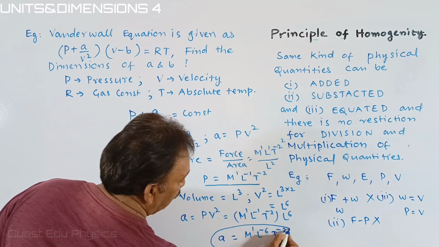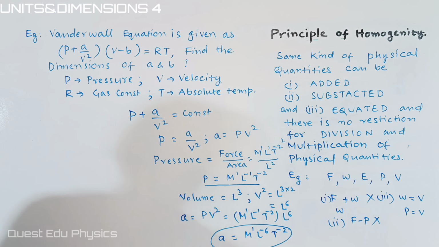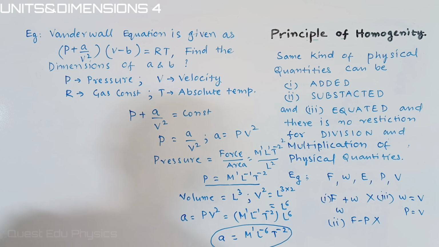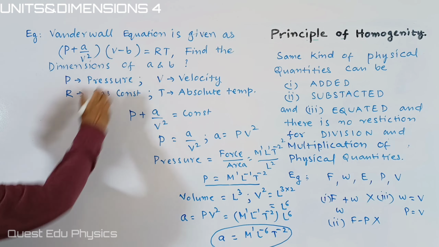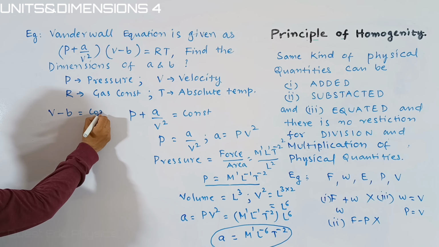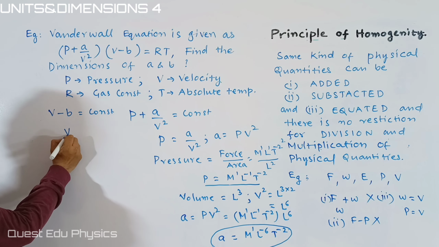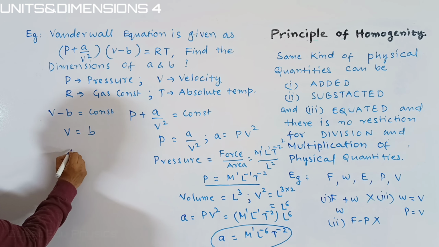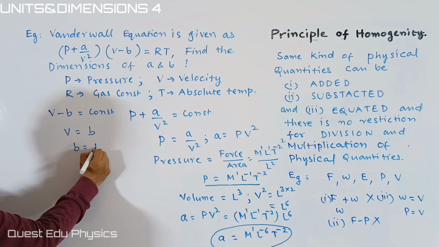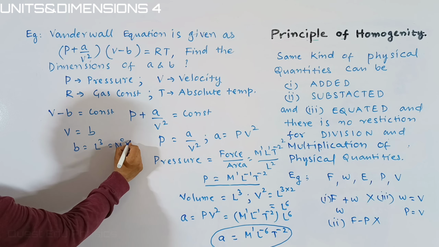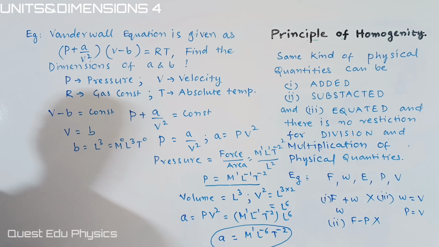And the second part we are taking: V minus B is equal to constant, and V is equal to B. Volume is equal to B. V is equal to L cube, that is M0 L cube T0.